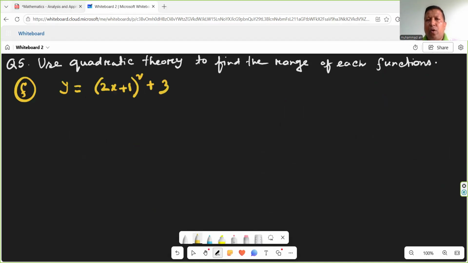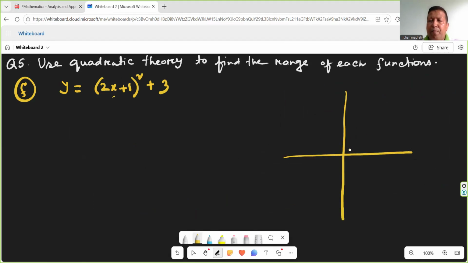F number, y equals to 2x plus 1 whole square plus 3. We know that when x squared curve, definitely this curve will be U-shaped. If you want to find out in y-axis, x value 0, if you put here x value 0, 1 square plus 3, this is 4. That means curve lowest value will be 4.